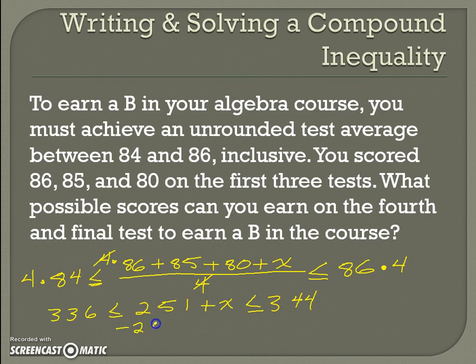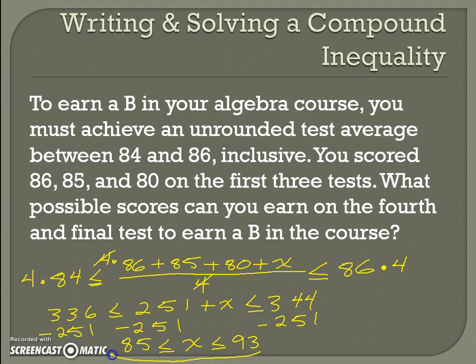I need to subtract 251 from everything. And when I subtract 251 from this first one, I get 85. I'm kind of running out of room here, so I'll put it here. 85 less than or equal to x, less than or equal to, and then 344 minus that is 93.